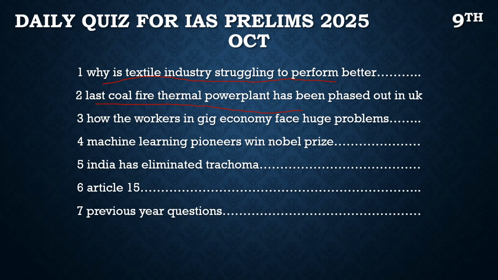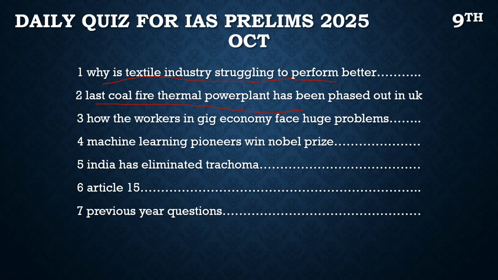The one-size-fits-all approach does not apply here, because to understand this topic we have to understand the history itself. If we go back to when the coal industry peaked in the UK and they started to phase out, and compare it with India, we will see different trends and a huge time span.